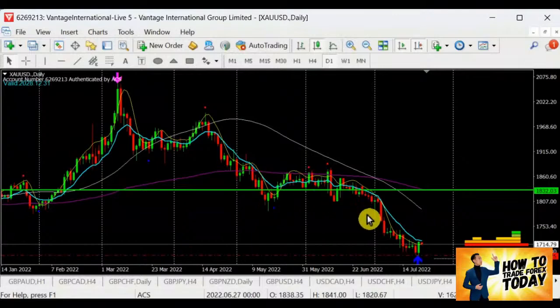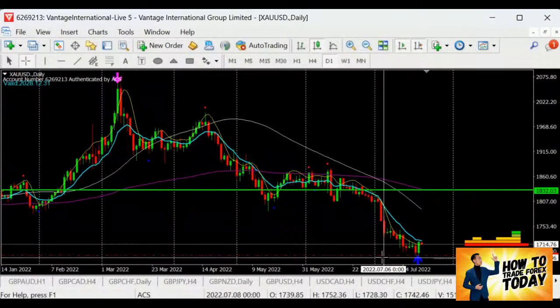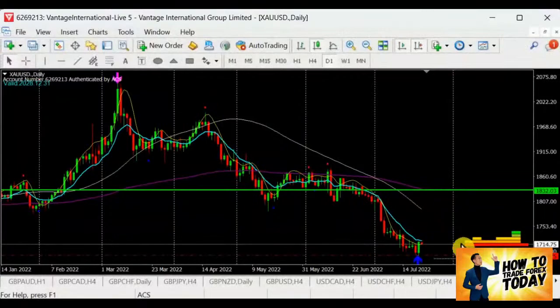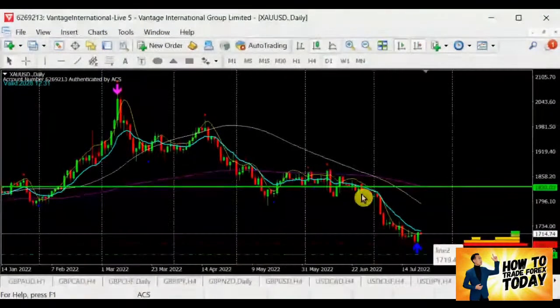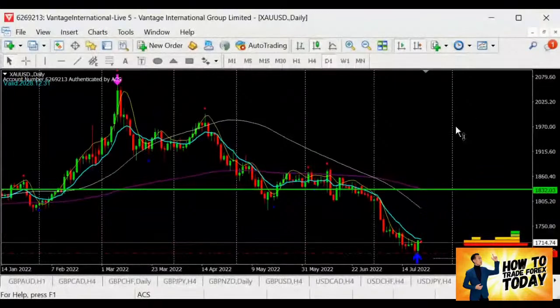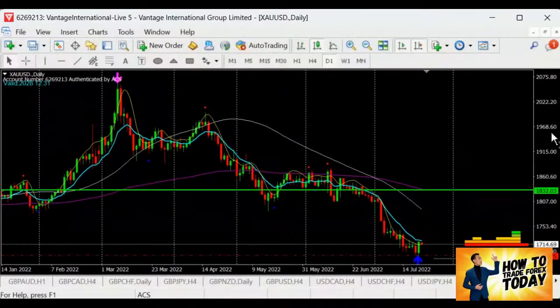Buying actually came in yesterday, the buyers came in at this price at 1690, which I plotted here. I'm waiting for this price to break below 1690. Once it breaks below 1690, we are likely to go into 1663. One day of buying doesn't show that it's a real turn or a reversal.